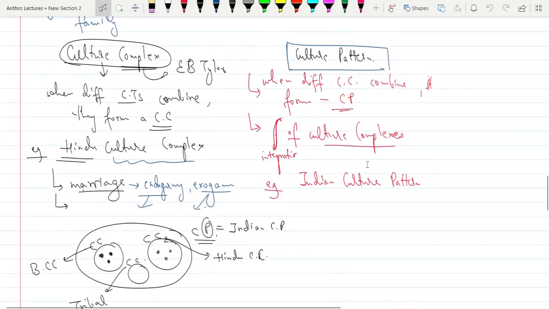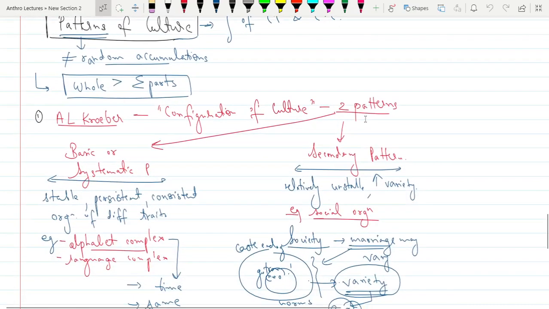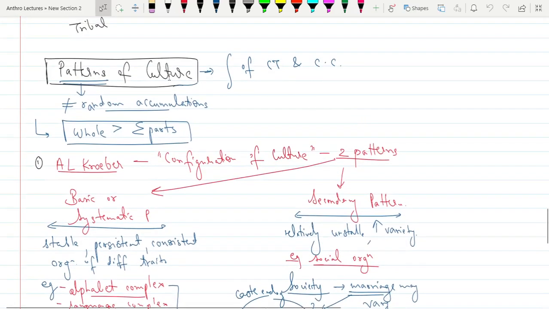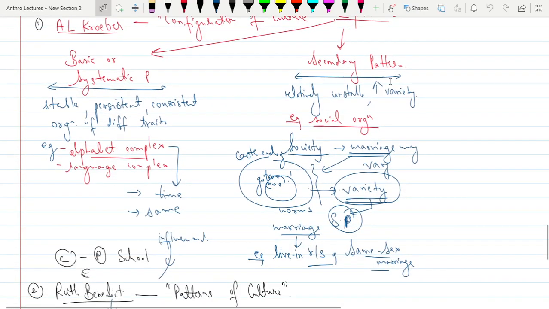Yes. So when we were studying this topic, when we moved on to the patterns of culture, we found that it is not a random accumulation. It is a whole greater than the sum of its parts. Then we studied about A.L. Kroeber and his two patterns, that is basic pattern and the secondary pattern.